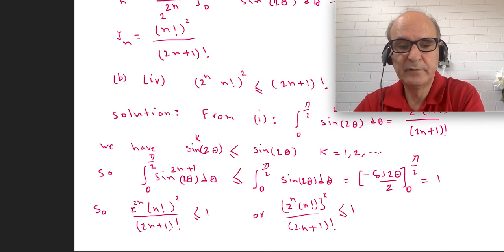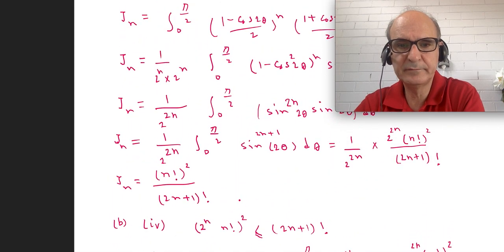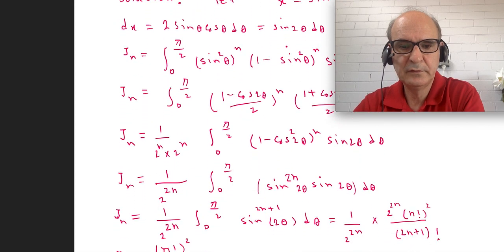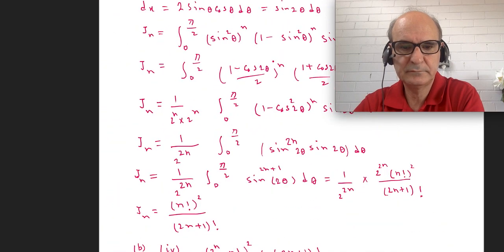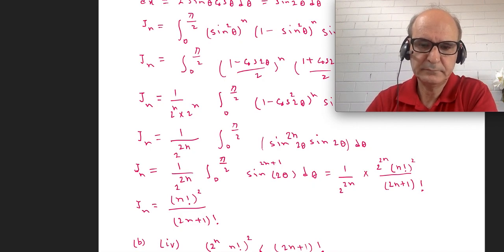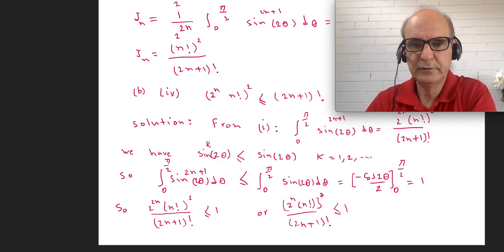And you can write this as 2 to the power of n, n factorial, all to the power of 2, over 2n plus 1 factorial. And that is, I think, what they asked us to prove. Yeah, 2 to the n, n factorial squared is less than.